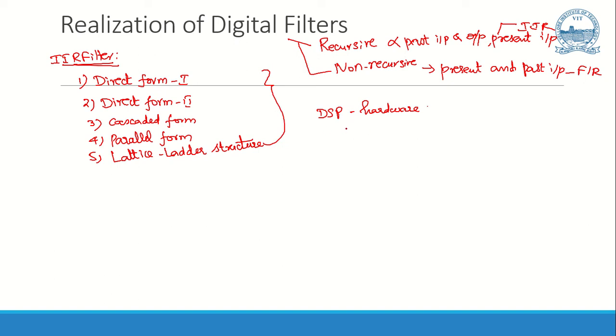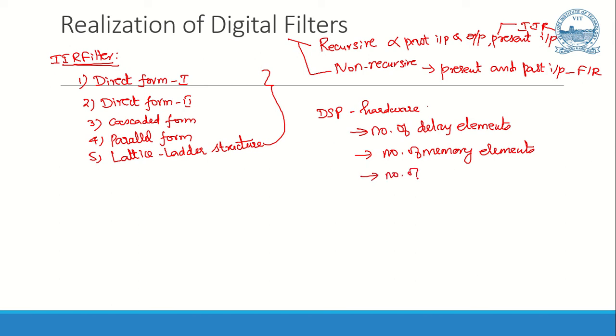So here, what are all the things that have been considered is the number of delay elements, number of memory elements, number of adders, number of multipliers.